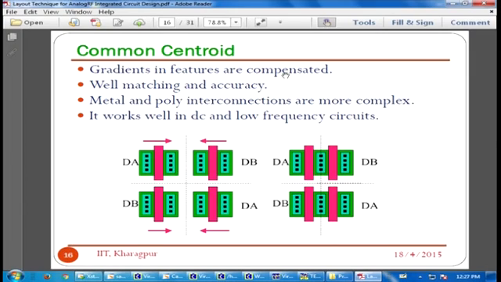It's unnecessary, it will create some routing issues, because if you make a common centroid in RF or high frequency circuits, then you will get matching at the DC level, but due to the number of routings, extra parasitics will come, which will also degrade your performance.